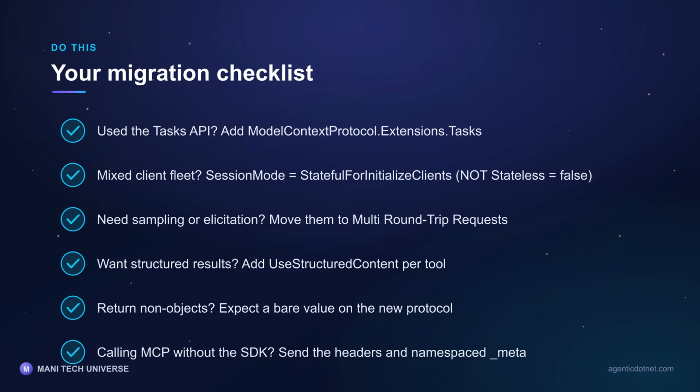If you want structured results, add the opt-in on each tool. If those tools return non-object values, expect a bare value on the new protocol and check whatever consumes it. And if you call MCP from outside the SDK, you own the two headers and the namespaced meta block. Work down that list and you are done.